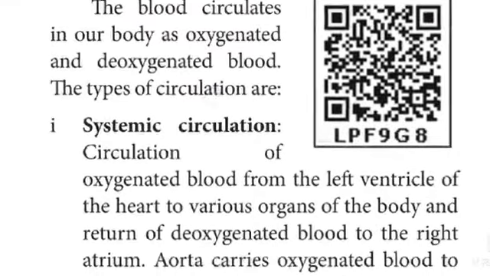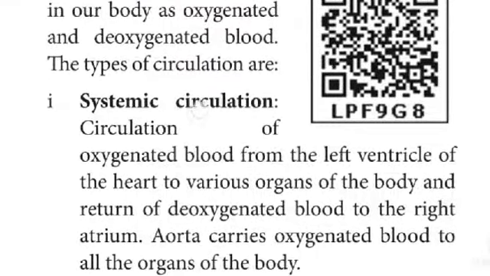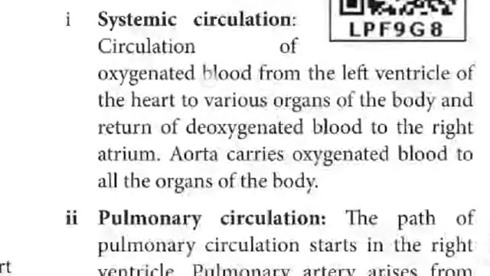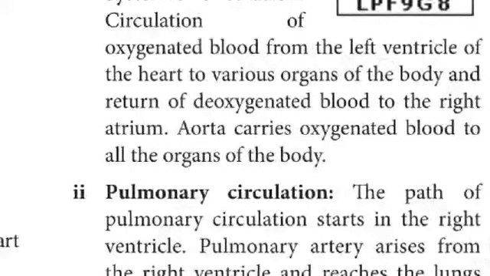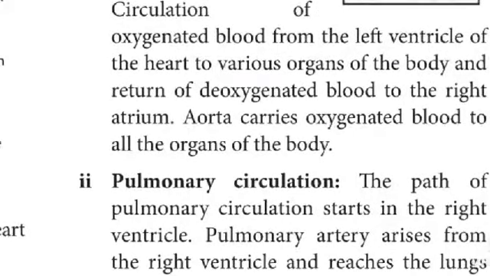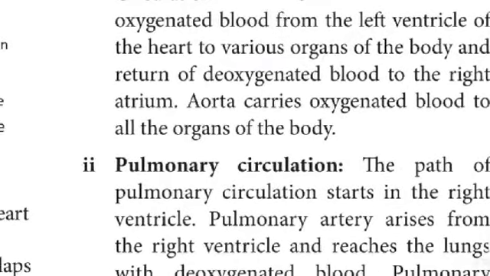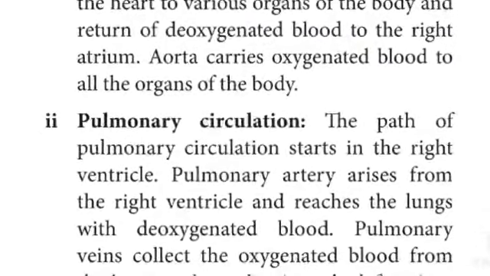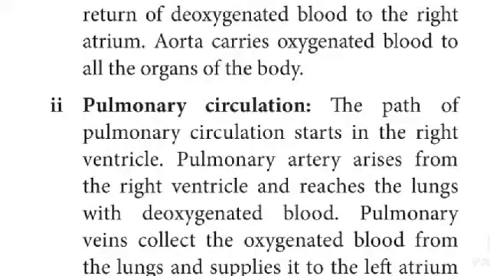The types of circulation are: systemic circulation. Circulation of oxygenated blood from the left ventricle of the heart to various organs of the body and return of deoxygenated blood to the right atrium. The aorta carries oxygenated blood to all the organs of the body.